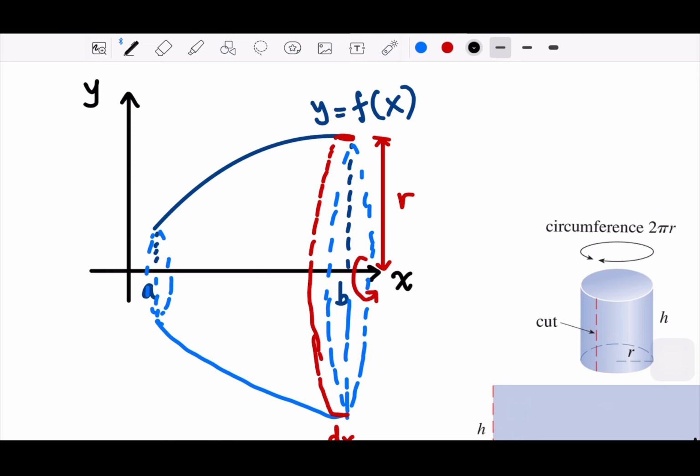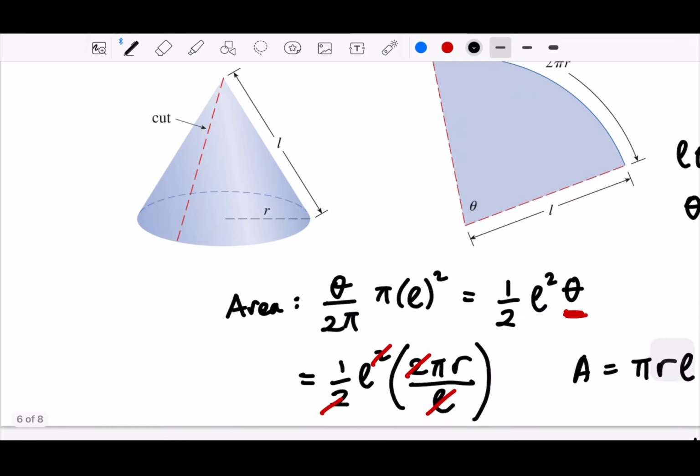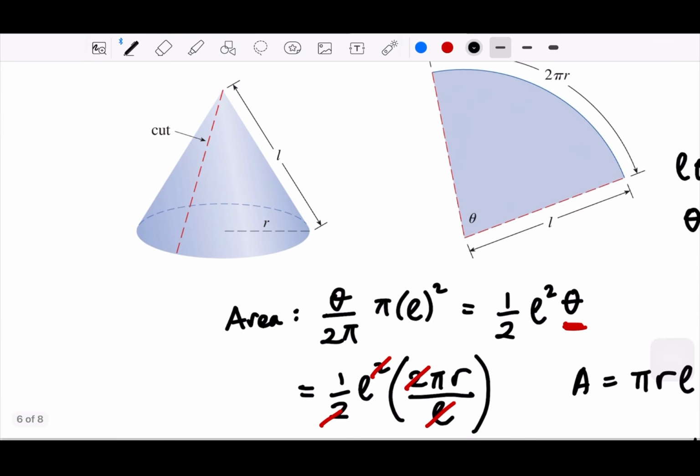Because we want to slice this, we would like to find the criteria for our shape, at least this one segment here. What kind of shape is that? Maybe if we cut the cone here, the profile is a little bit similar. If we cut this, those segments are similar to what we have in the curve, right?